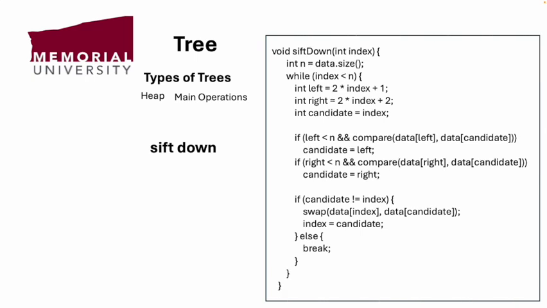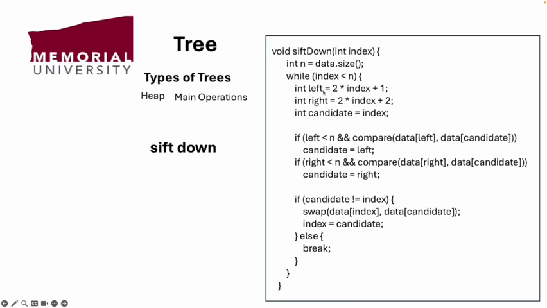So this is the code for shift down. It's a little bit complicated because we compare with not only a parent. Before, with shift up, it was just one parent, right? But now there are two children. Compare both, and you can find out which child needs to swap. Make sense? We still use the while loop. While the index is less than the size n, we keep processing.